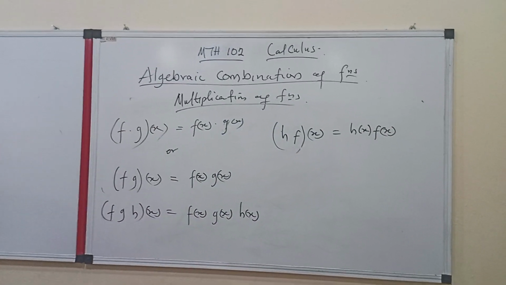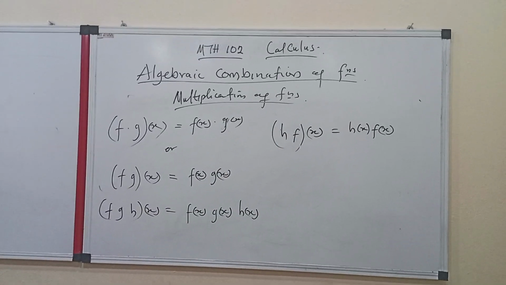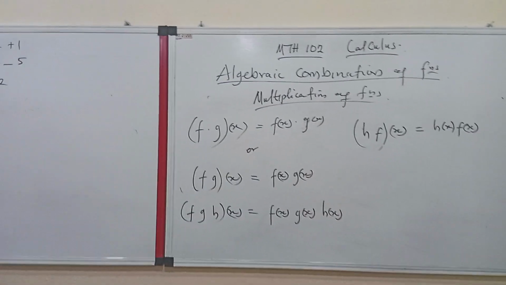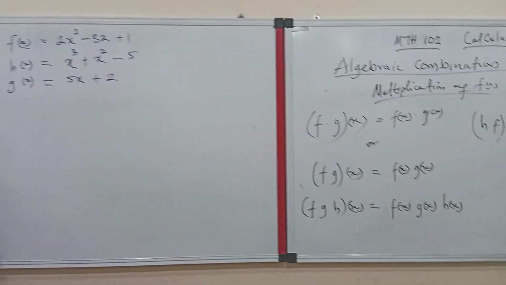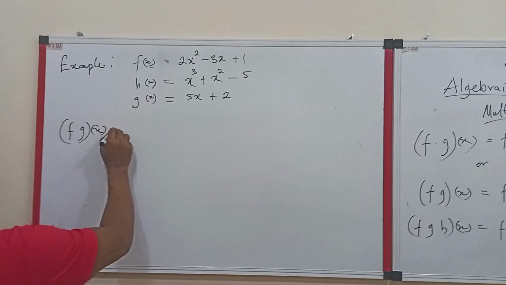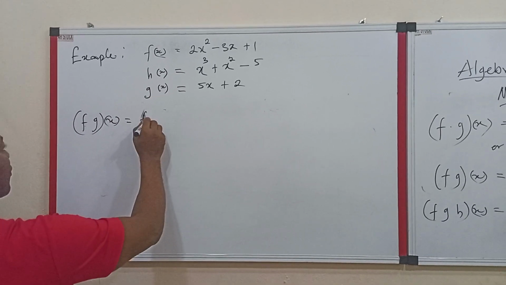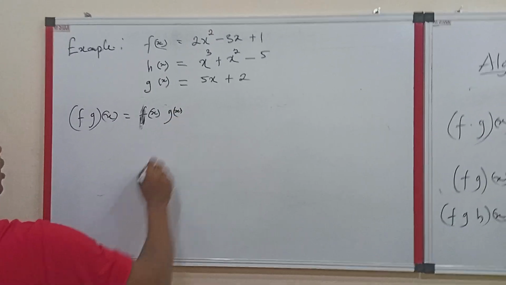Okay? This is one term, two terms, the third term. Now let's carry out some operation using this to demonstrate what we have. If we are interested in f of g all of x, we are saying that this is the same thing as f of x, g of x.